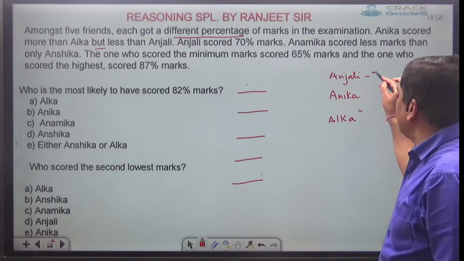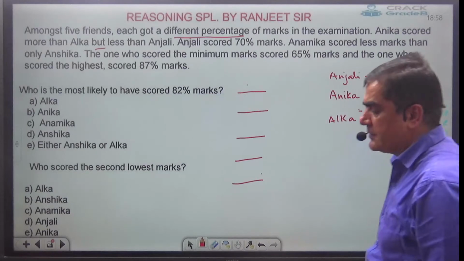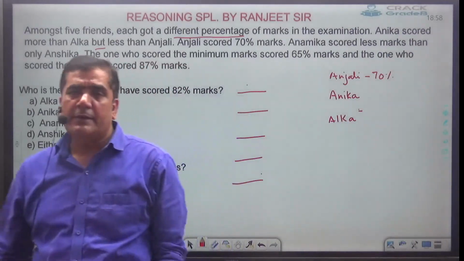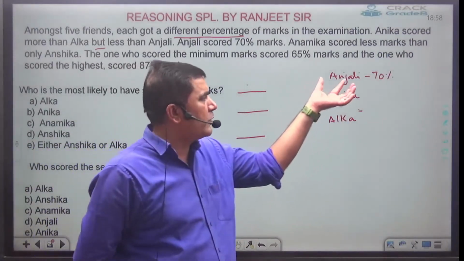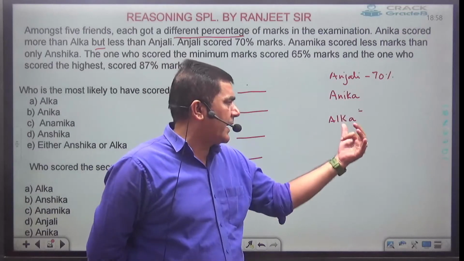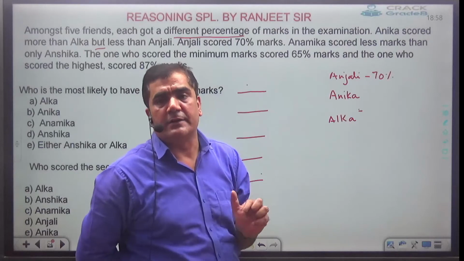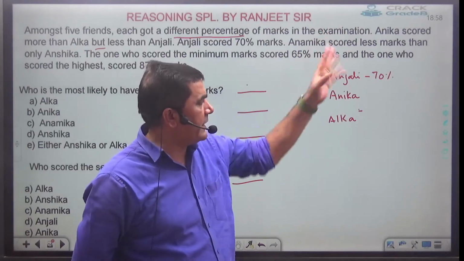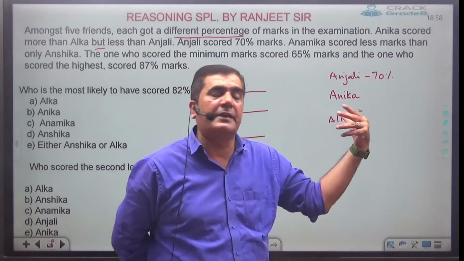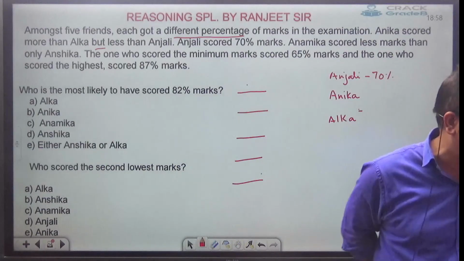Anjali scored 70% marks, so Anjali's marks are given to be 70%. It clearly means that if Anjali has scored 70%, then Anika and Alka, below Anjali, must have marks less than 70%. Above will be more than 70%, below will be less than 70%.